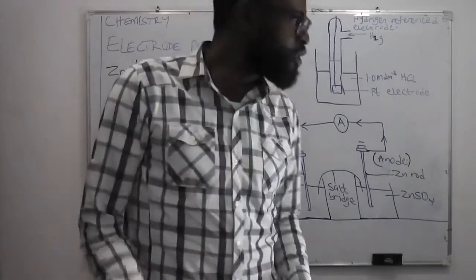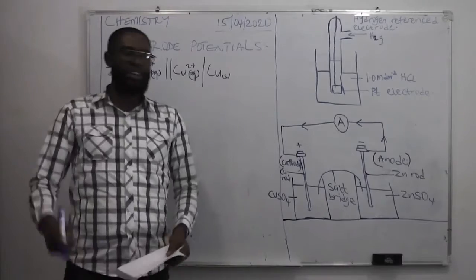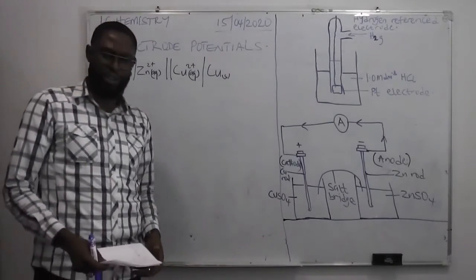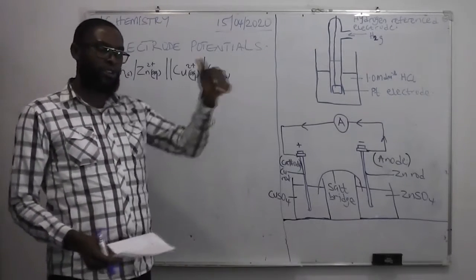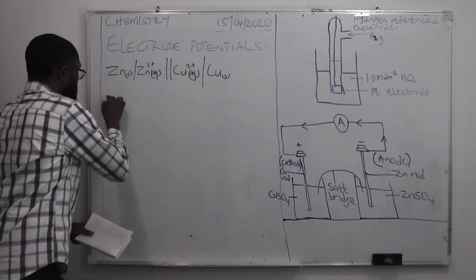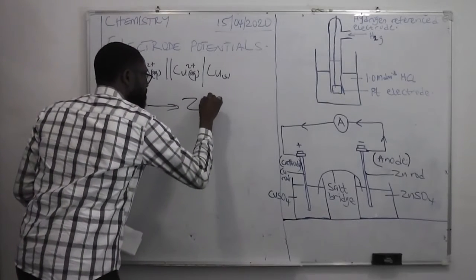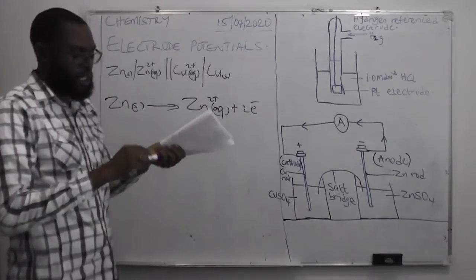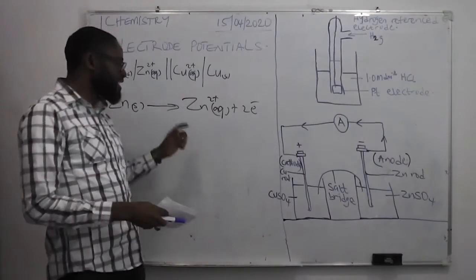Now, the first thing we need to look at is the meaning of electrode potentials. But let me take this simple example. For example, if you immerse a zinc rod into a solution of a salt, you will realize that the zinc rod, from the equation you see on the board, will lose electrons because some of the ions will dissolve into the electrolyte, which is the ion of what?